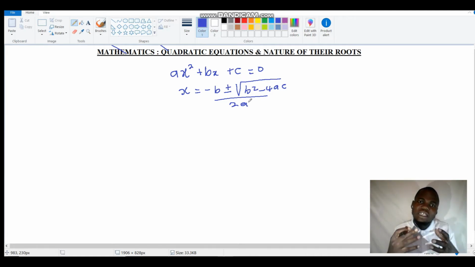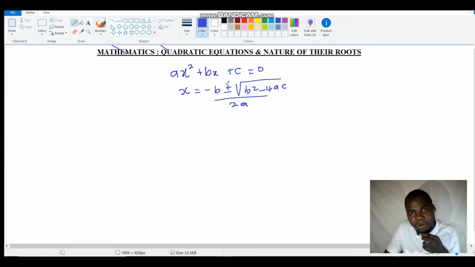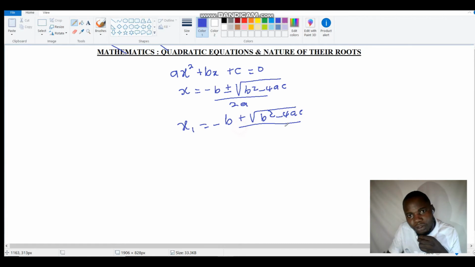So how many roots will we have in this equation? Because the highest degree of this polynomial is 2, you have 2 solutions of a quadratic equation. The first solution is the one with the positive sign. So we have x1 equals minus b plus the square root of b squared minus 4ac, all over 2a.